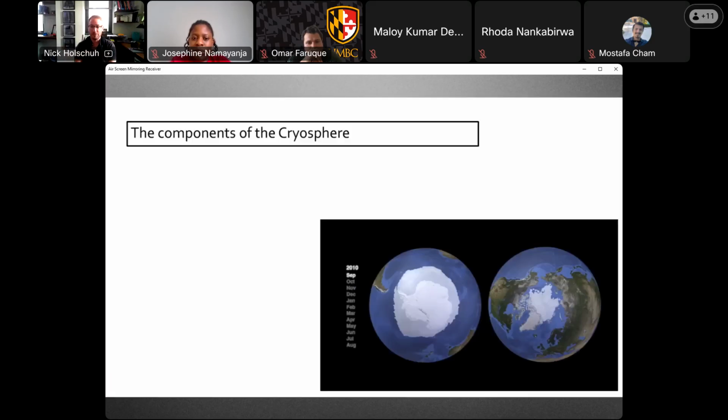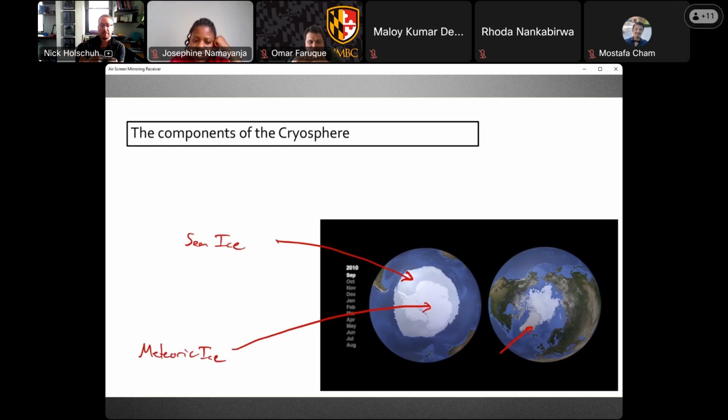So if we were to label on this animation the parts that we're discussing here, there is the frozen surface of the ocean. Sea ice is the result of freezing sea surface water. Land ice, these parts that were essentially unchanging over the course of the animation, are a product of what we call meteoric ice, or essentially snowfall, ice that falls from the sky.